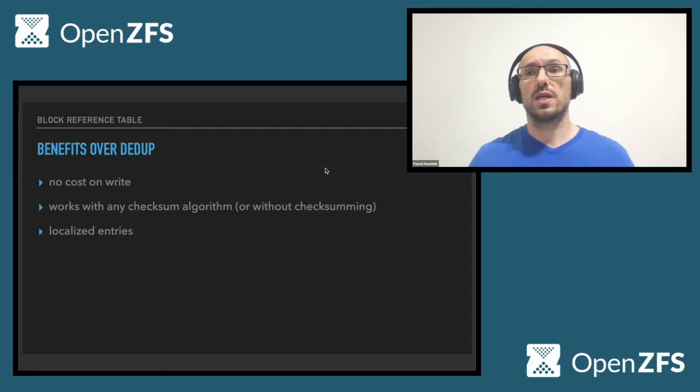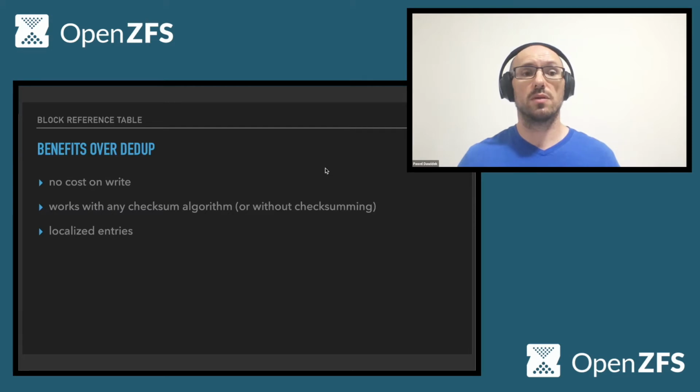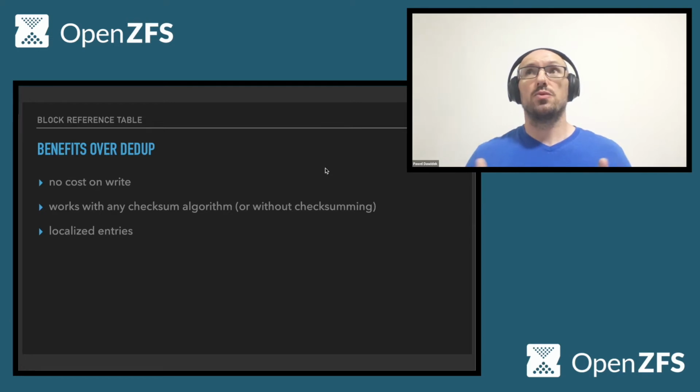With deduplication, you have to look up and go through the dedupe table. When you write and you have a large dedupe table, there are a lot of problems. If it doesn't fit in RAM, you have all those performance problems.